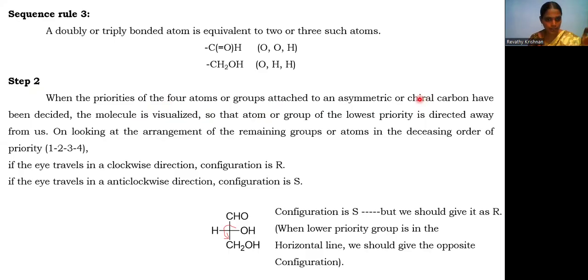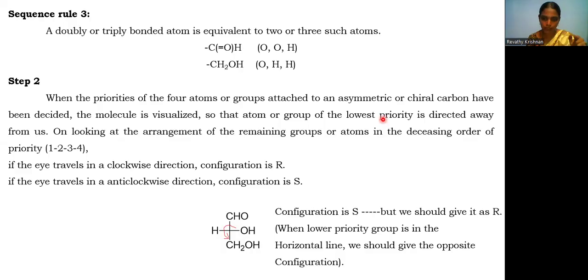Once a priority is assigned, the molecule has to be visualized so that the lowest priority group is directed away from us. That is, the lower priority group, whatever it may be, either a hydrogen or some other group, the molecule is to be visualized in a way that it is far from us.